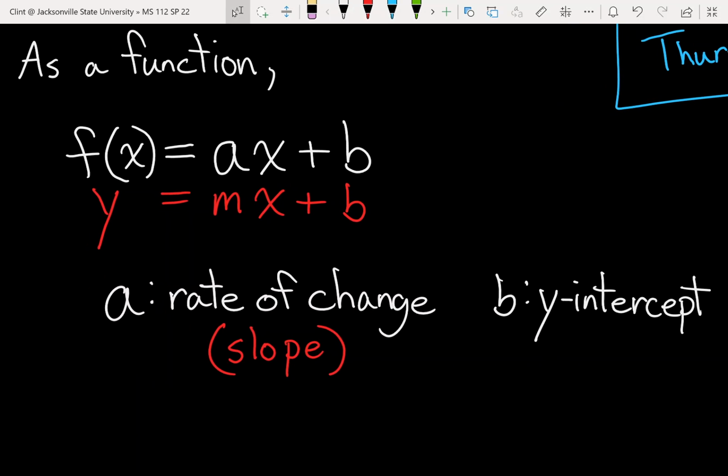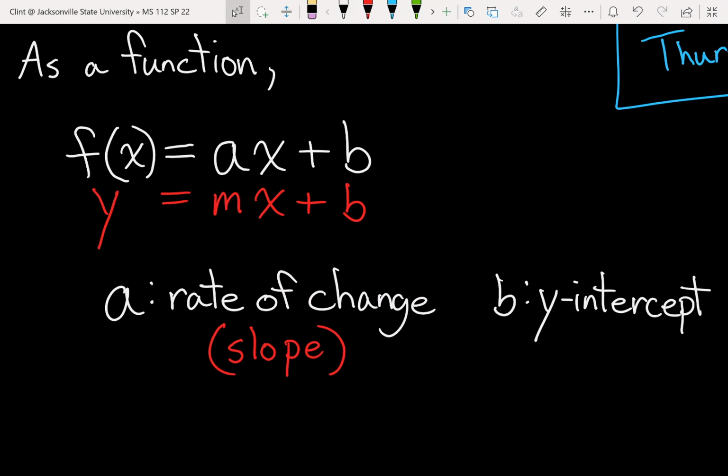That's our notation we use for a linear function. So anywhere in this assignment you see rate of change, you can think about slope. It's the same thing. And if it asks you how fast a function is changing, it's just whatever the slope is. That same idea.